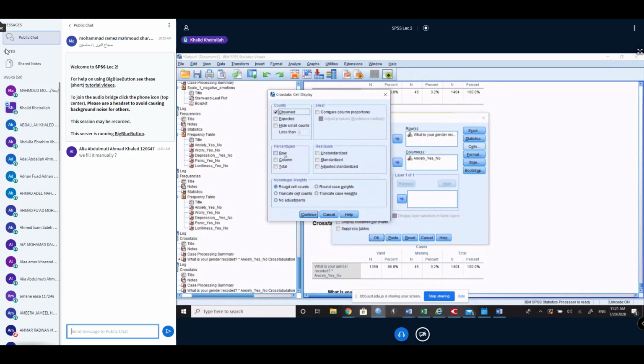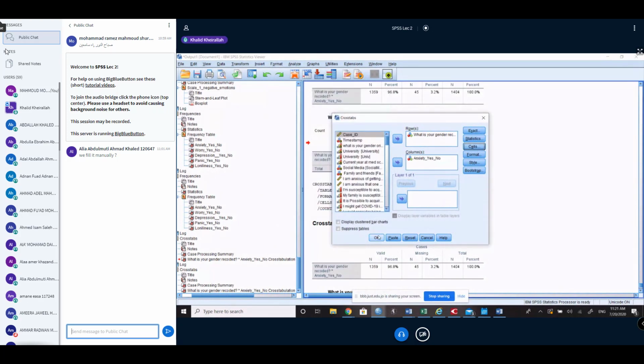It can give you the percentage by row, by column, and out of the total. We said we wanted the percentage by row because gender represents two rows. So we want the percentages among males and among females. Okay?